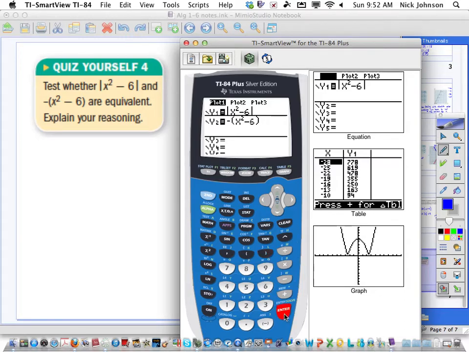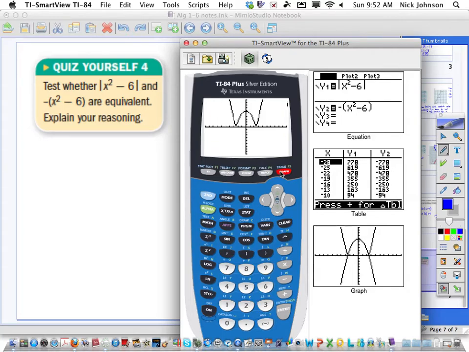Okay. They look the same. Always got to check that sometimes. Don't be lazy. I'm going to hit graph. When I hit graph, I see the first one. I see the second one. If you notice, this one made a W, kinda, shape. And then this one just made a parabola. So from here to here, those functions are the same.